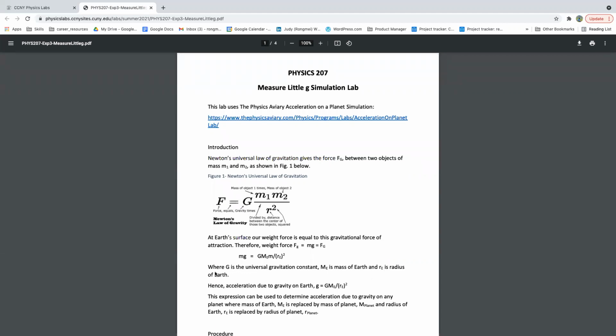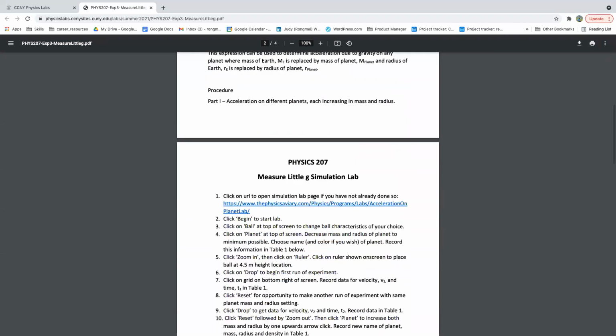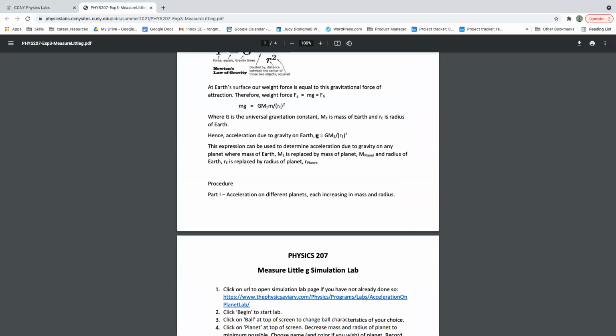Here they neglect the half height of a human because it's so small compared to the radius of the Earth. So this is how we calculate little g. Since you have this equation, we will play around with the m, r, and other quantities. Then we can see what can affect little g.